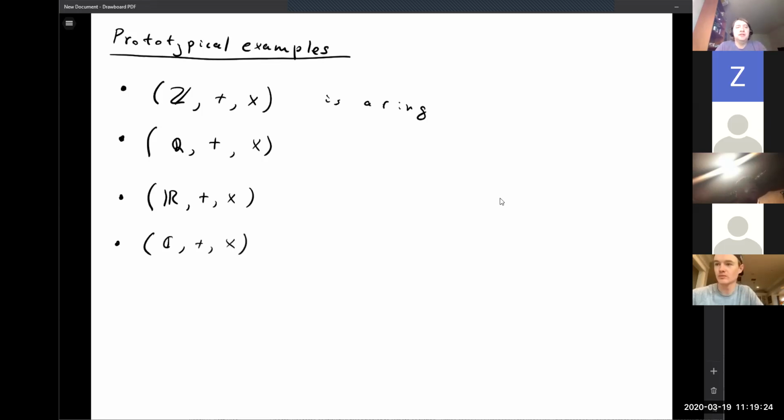Now, however, the main thing in definition 1 is that we never actually require the binary operation star to be commutative. So there are examples of non-commutative rings, and let me start with an example you have already seen. Example 1.